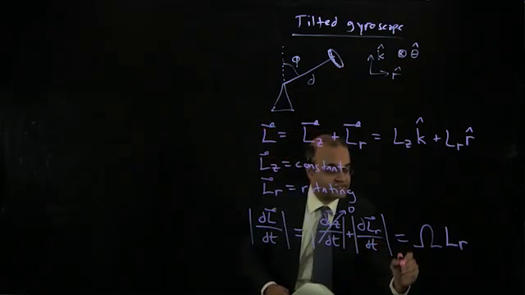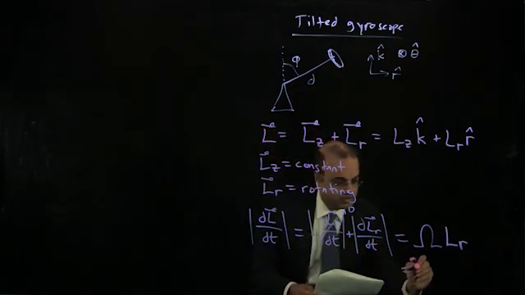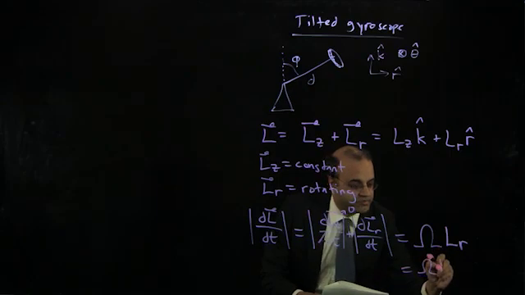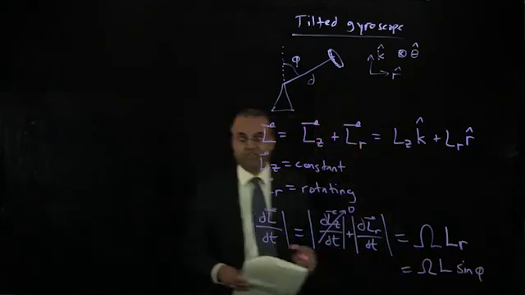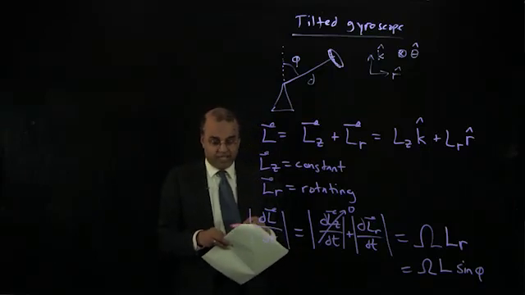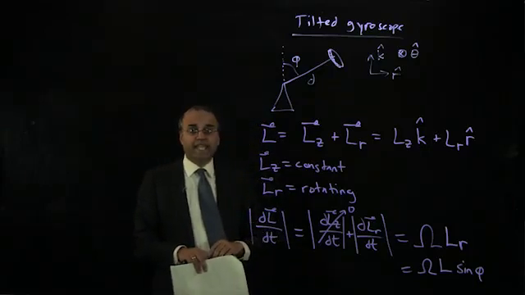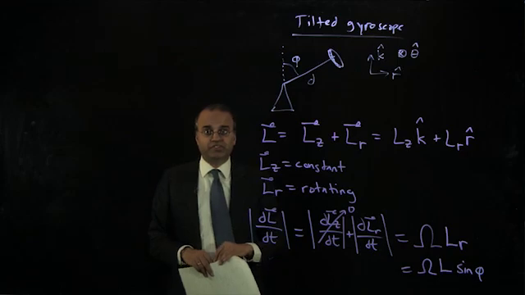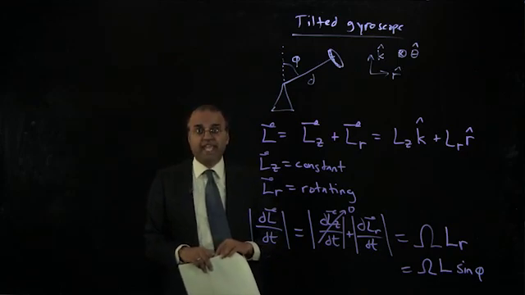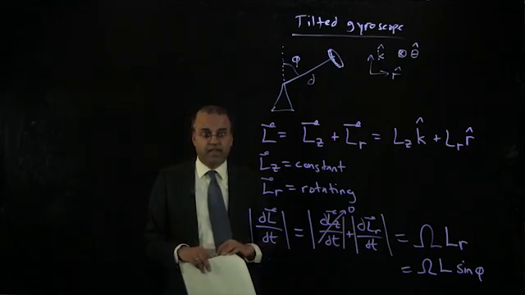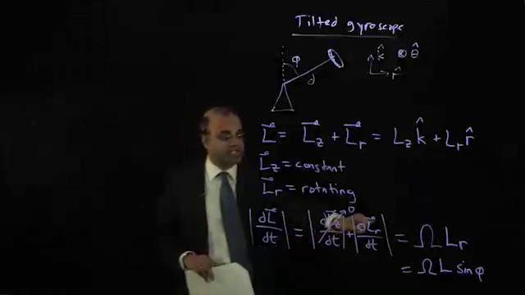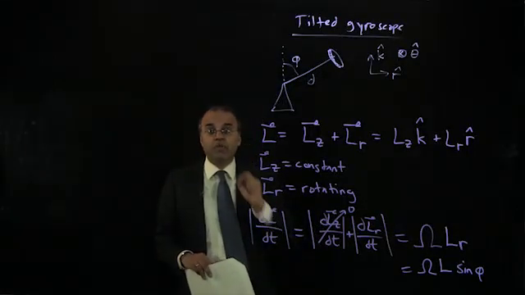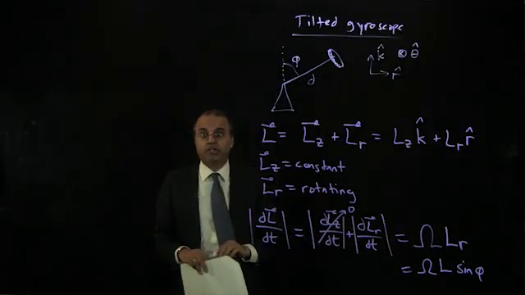So in this particular case, this would be omega times the full L times the sine of phi. So in the case that we have here, the angular momentum vector consists of a constant part and a rotating part. And the magnitude of its time derivative is equal to the angular velocity of rotation times the length of the rotating part of the vector.